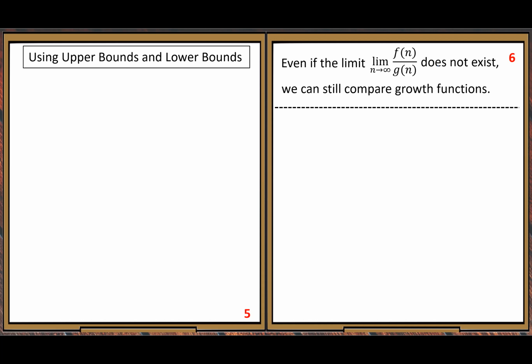Now we get to this case we need to answer. The limit does not exist, but we want to compare how the method is using upper bounds and lower bounds for comparison.